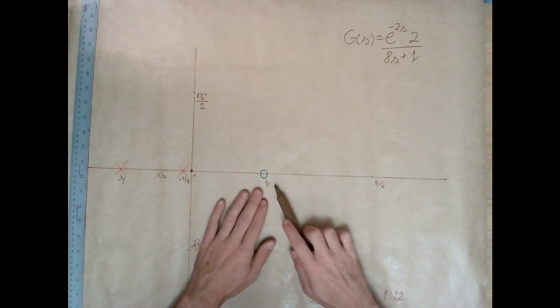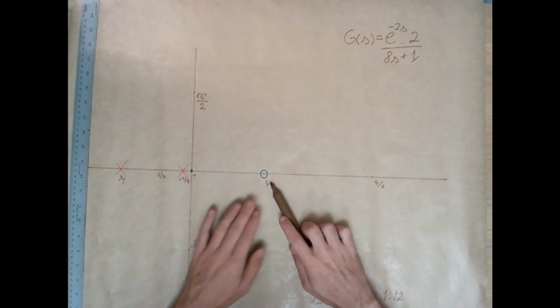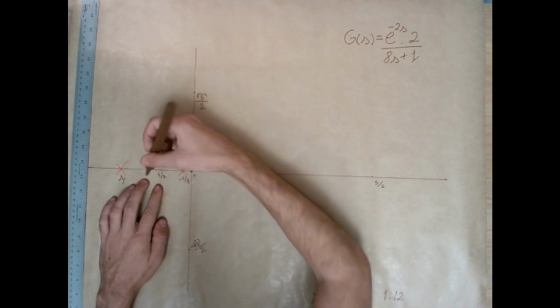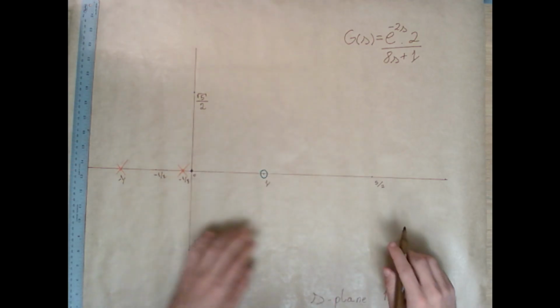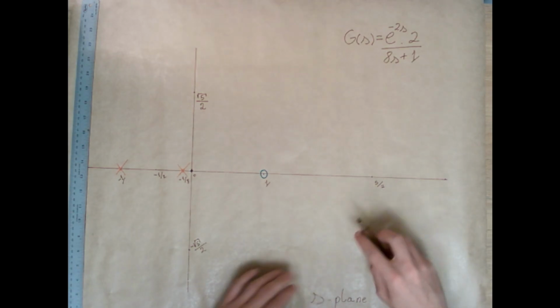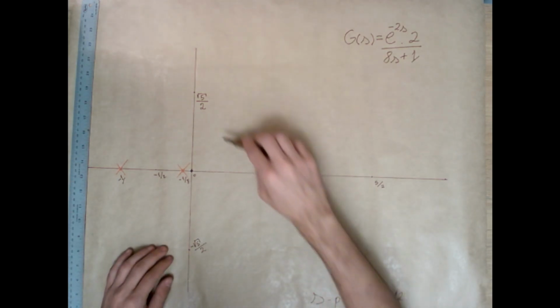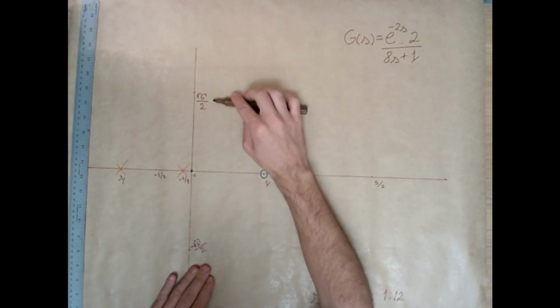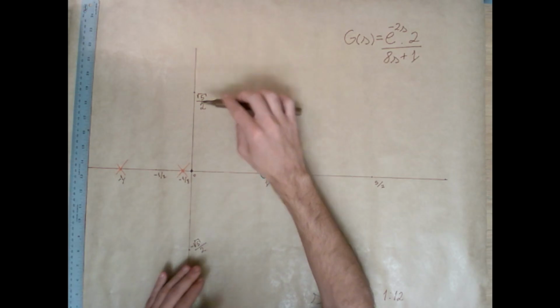We have our single zero at plus 1. We have the point of breakout at minus 1/2 and the point of break-in at 5/2. We also have the points of intersection with the imaginary axis at plus and minus square root of 5 over 2.